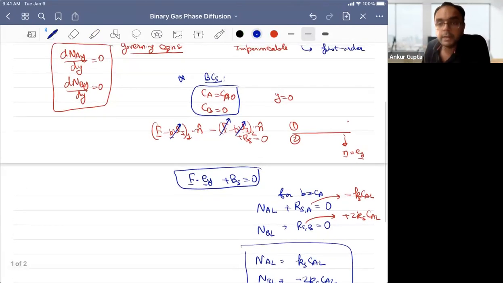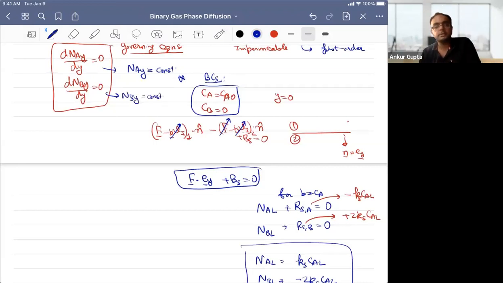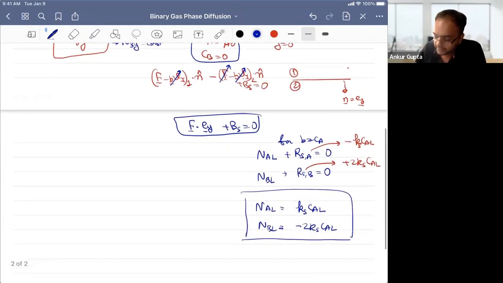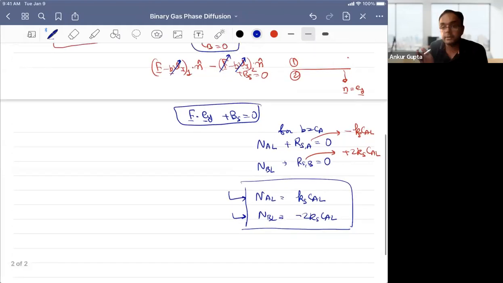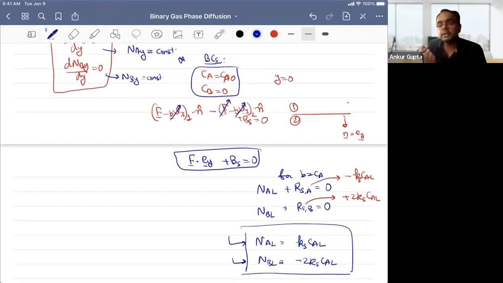And now we go back. This is the governing equation. This implies that N_Ay is constant, right? And this N_By is also constant. Now, what are those constant values? Well, we already just found the value of the flux at the L location, so that will be the same everywhere, because that's the governing equation. The governing equation says flux is constant. The boundary condition says that flux is that value equal to the reaction rate.